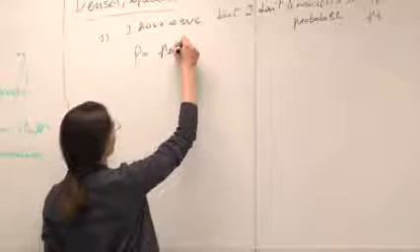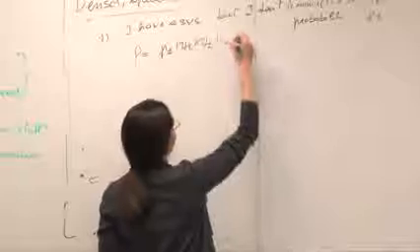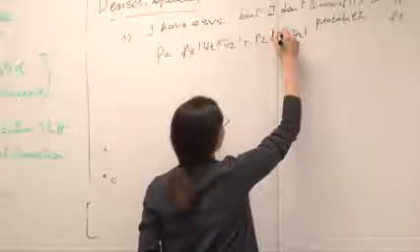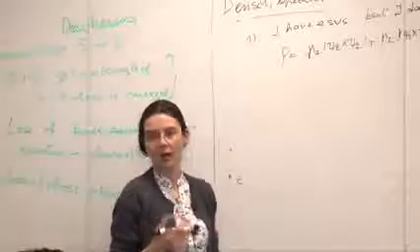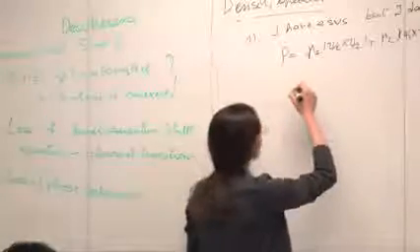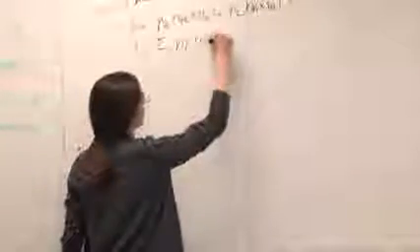So it would be rho equals P1 |psi 1><psi 1| plus P2 |psi 2><psi 2|. And in general, if I have many possible states with different probabilities, rho is going to be given by the sum over j of p_j |psi j><psi j|.